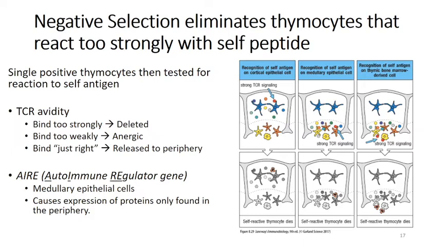And again, it's based on affinity. So there's lots of cells that can do this. Thymocytes go to the cortical region and down through into the medulla.